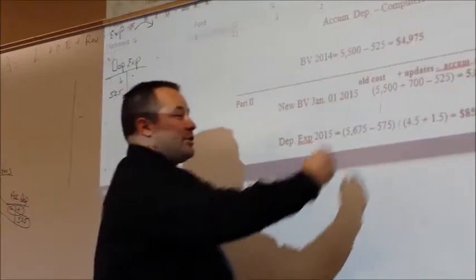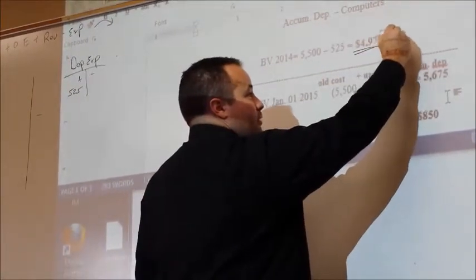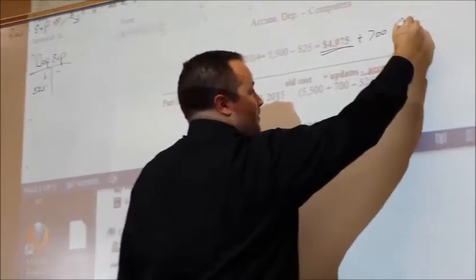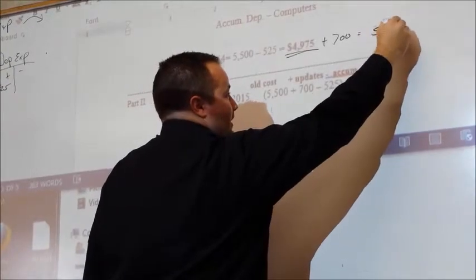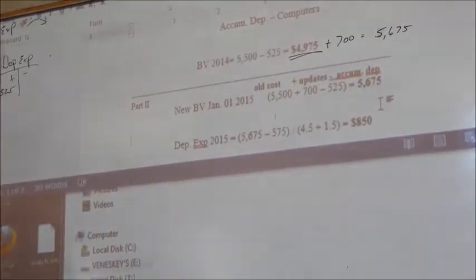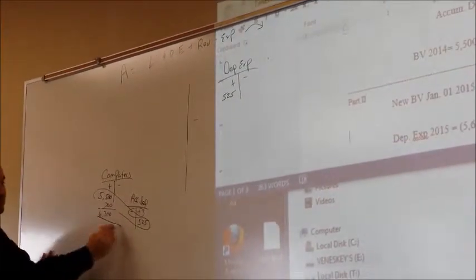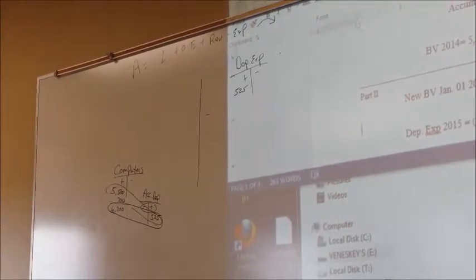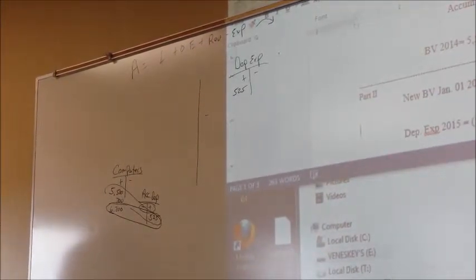There's a couple different ways. You could have just said, okay, old book value plus new stuff equals the 5675, or you could have done it the longer way and did the T account. 6200, these two guys, subtracting out the accumulated depreciation, also is 5675.